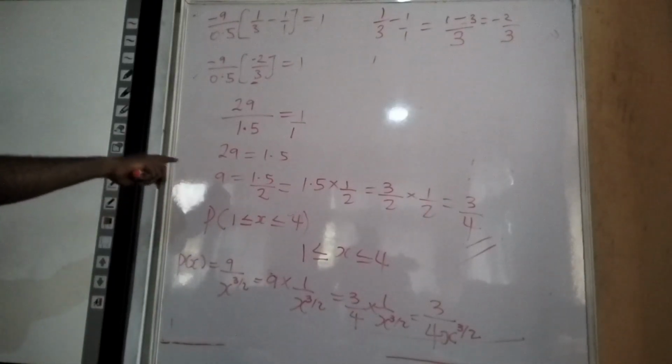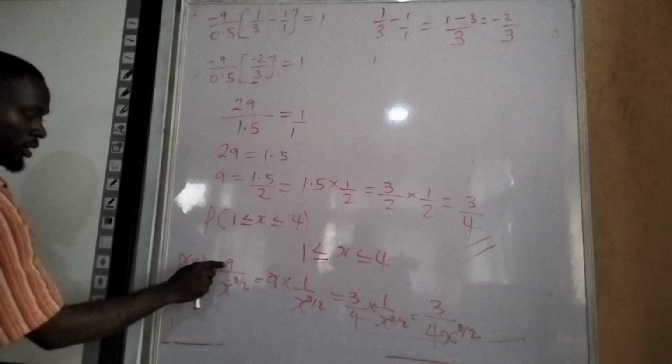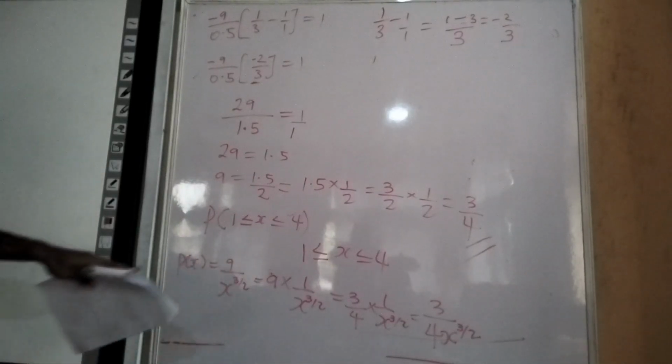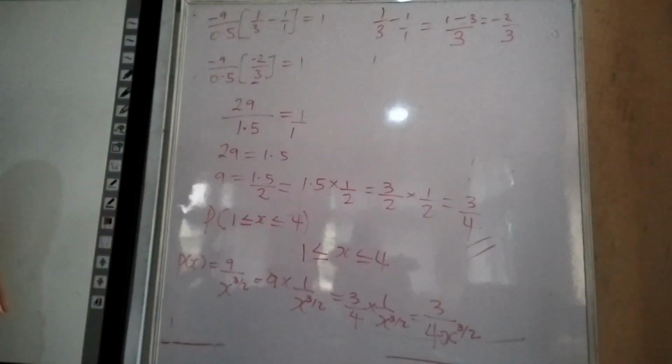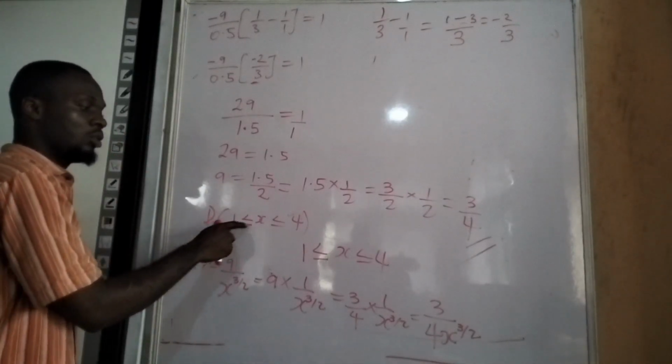The function that we're given was in terms of A. So before you answer any question regarding that function, you must find that A. So we found A to be 3 over 4. We're now asked to find the probability density function of that function from 1 to 4.